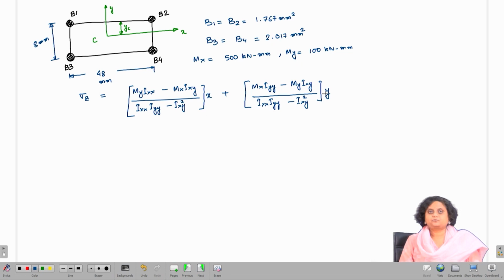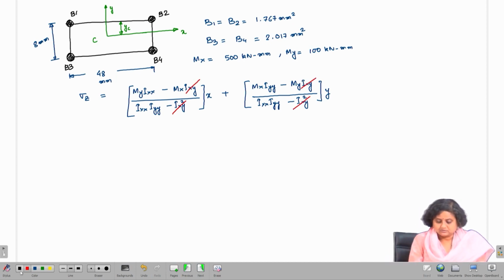So, this is the expression that we have been using. Now, since this cross section has a symmetry about the y axis, Ixy is going to be equal to 0. So, this is going to be gone, this is going to be gone and this is going to be gone.